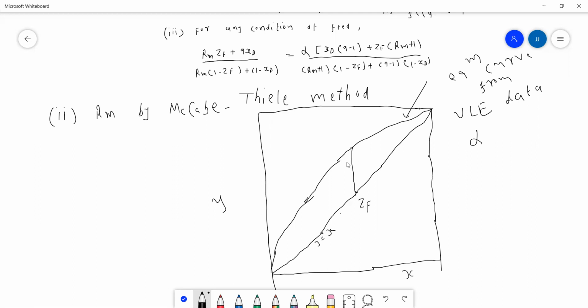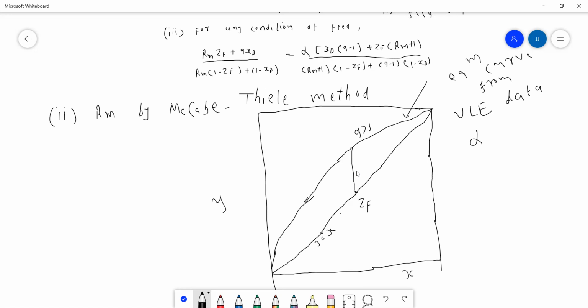This is the Q line, for Q greater than 1, which is for subcooled liquid. We are determining RM for subcooled liquid feed.